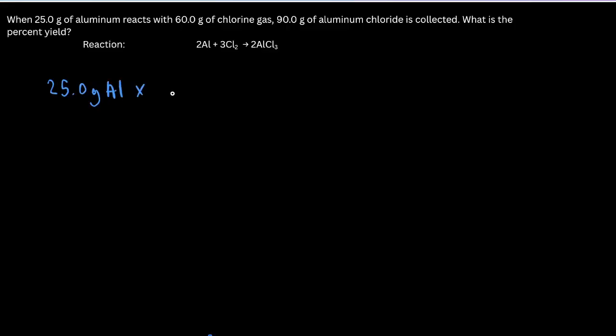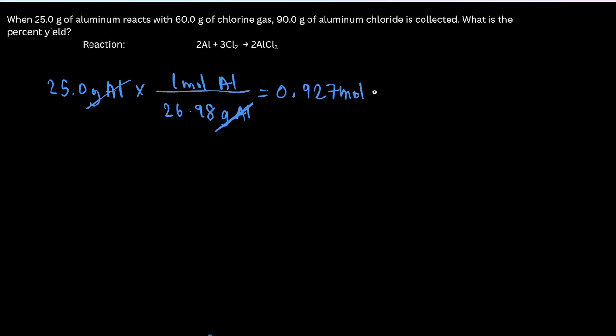Looking at our periodic table, we find that the molar mass of aluminum is 26.98, so 26.98 grams of aluminum per 1 mole of aluminum. Canceling out our units of grams gives us an answer of approximately 0.927 moles of aluminum. Now we do the same deal for our chlorine gas.